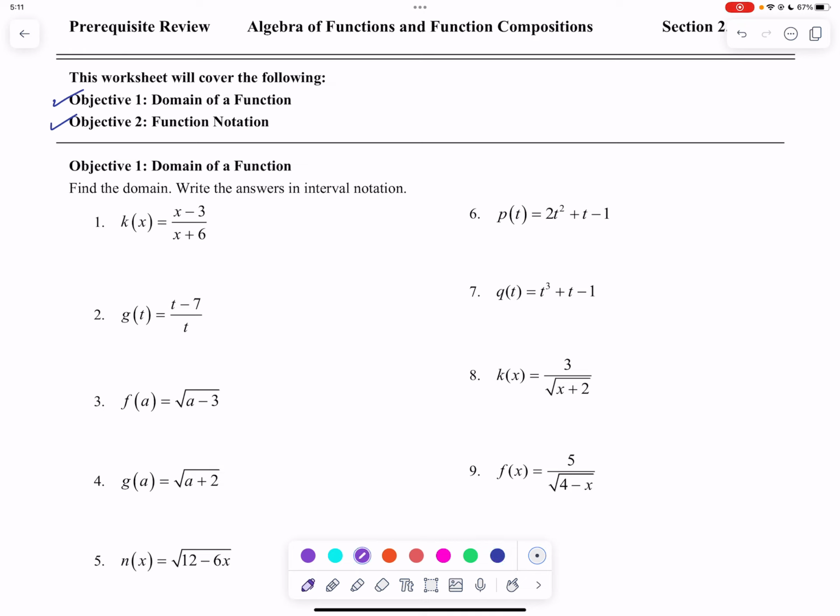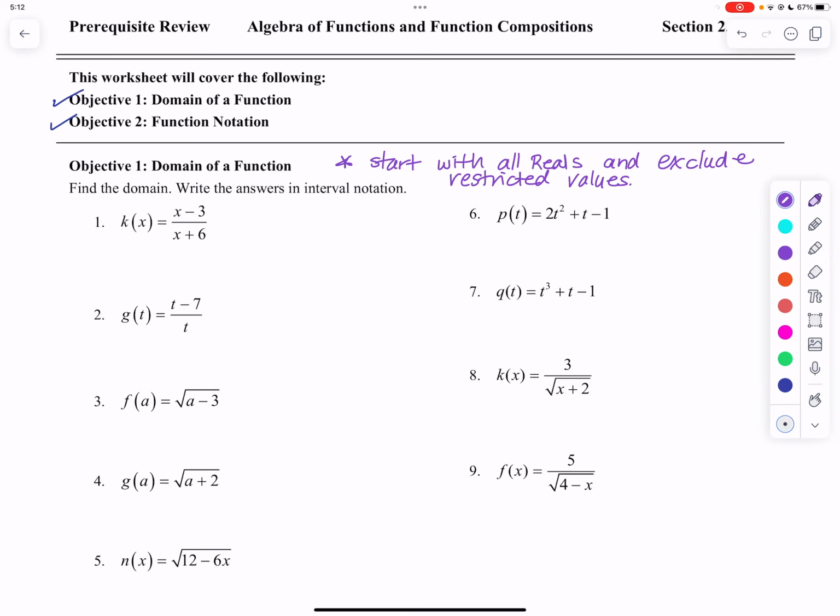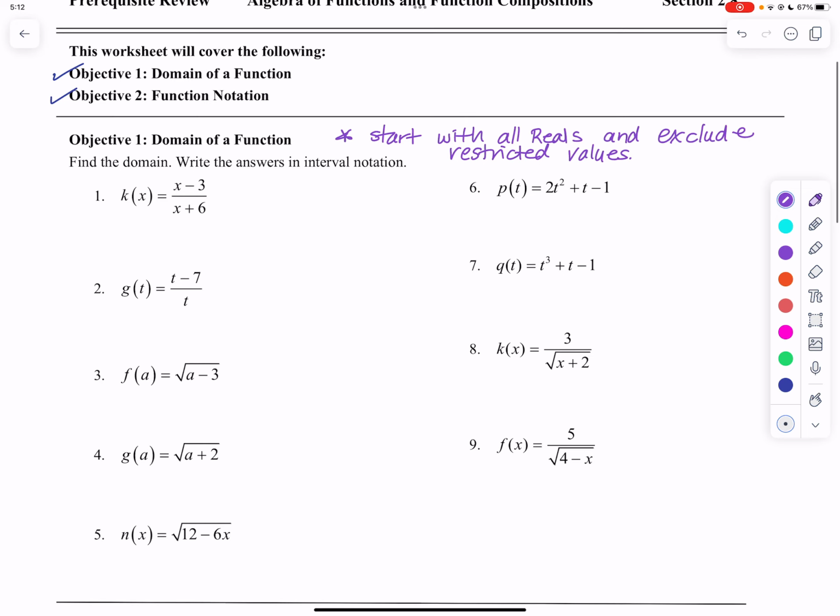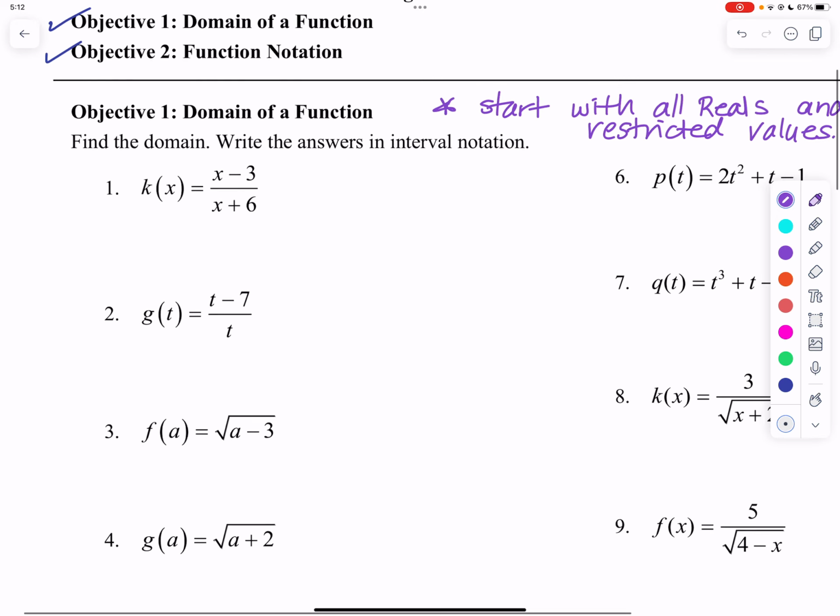So the goal is to start with all real numbers and exclude restricted values. So we start with everything, and then we remove any values that we can't include.